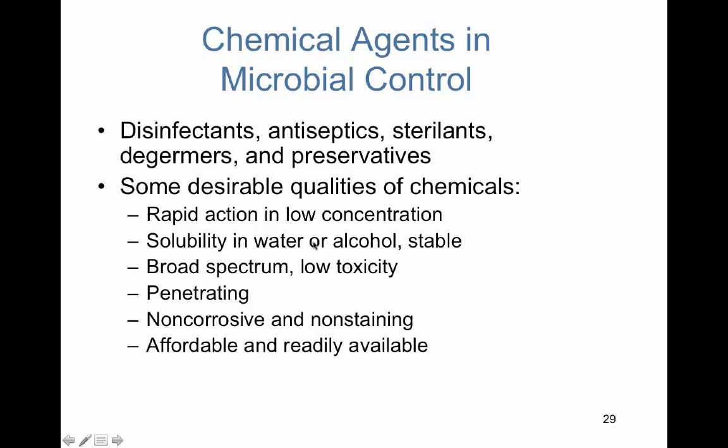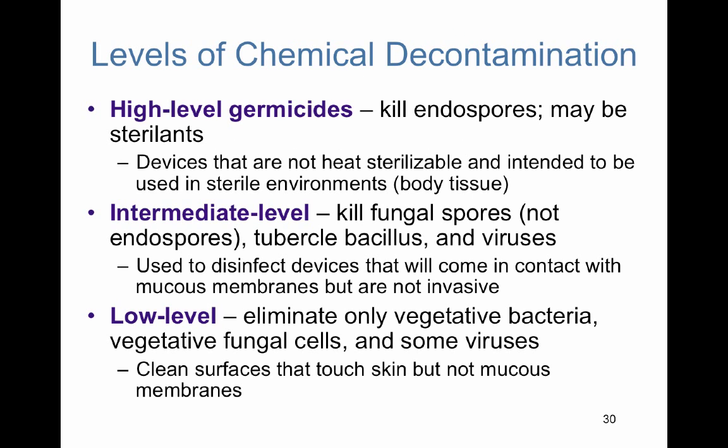They're soluble in water, alcohol, and should be stable. They have broad spectrum, low toxicity, and they're effective. They have deep penetrating action. They're non-corrosive, non-staining, affordable, and readily available. So these are all the desirable qualities. A lot of the chemicals fulfill the majority of these.